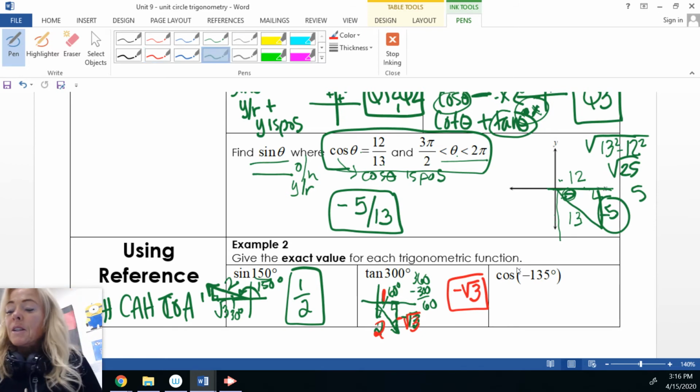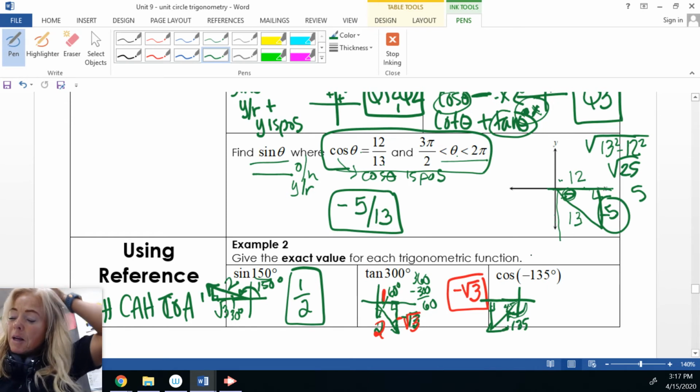All right, pretty easy. Next one, going to draw is negative 135. So I go counterclockwise 90 and then another 45. So that's going to be 45 right there, left over. This is 135, negative 135. So if I go negative 135, I have a 45, 45, 90 triangle.